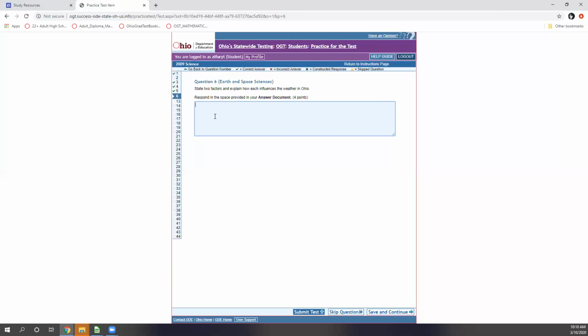State two factors and explain how each influences the weather in Ohio. The first thing you always want to do when you answer these is restate your question. You're going to get points just for doing that. So we're going to say, one factor that influences the weather in Ohio is pressure belts.